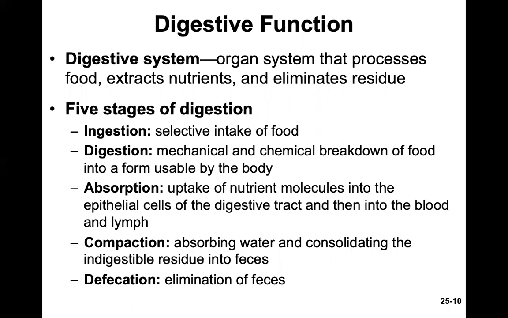Digestion is breaking the food down. That's both breaking it down mechanically, what your body does with your teeth to physically break it down into smaller bits, and the chemical breakdown of food that occurs with hydrochloric acid and digestive enzymes.